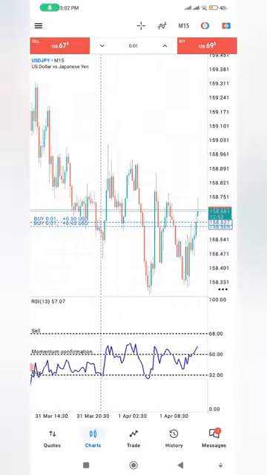You only buy when price has broken above the support zone, and you sell when price breaks below the resistance zone. So you need to be careful. Have this at the back of your mind.